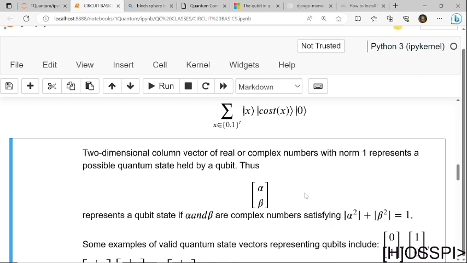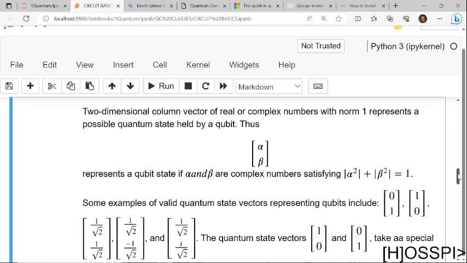Here we have a two-dimensional column; you can have three dimensions, you can have four. We know what a real number and a complex number are. This state represents a qubit state if alpha and beta are complex numbers that satisfy that alpha squared plus beta squared is equal to 1.